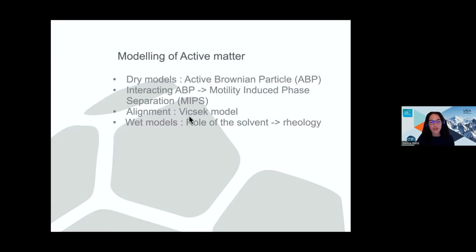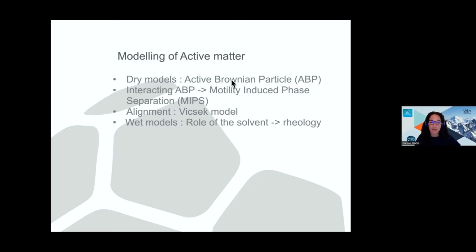Here, it's just some examples of what is done in the literature. You can go to more and more sophisticated models for those systems. I think the simplest one, I call it a dry model because there's no hydrodynamics involved in this kind of system, is to go from what we know from statistical physics, a Brownian particle that is made active through a velocity.